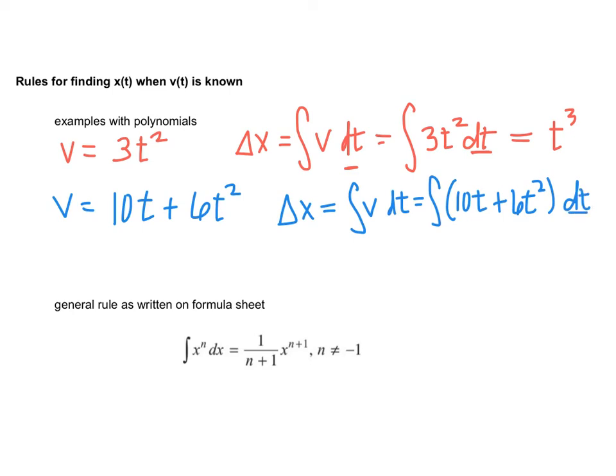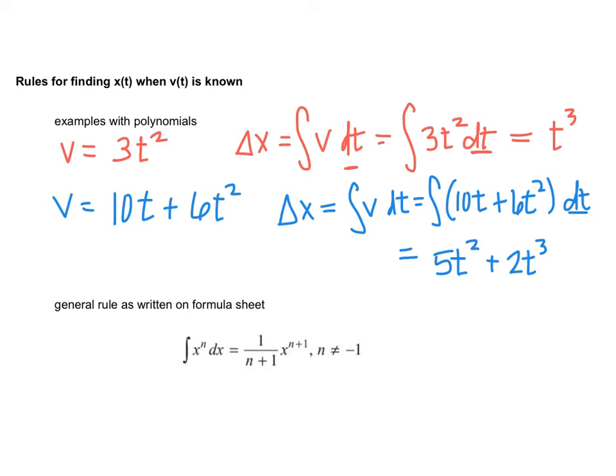All right, and again, I'm just going to show you the answer, and we'll see if we can see the pattern. The answer here is 5t squared plus 2t cubed.